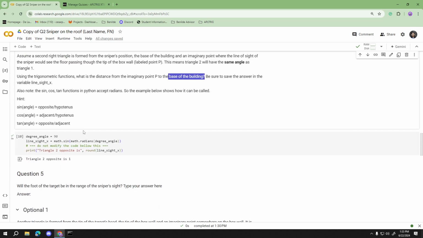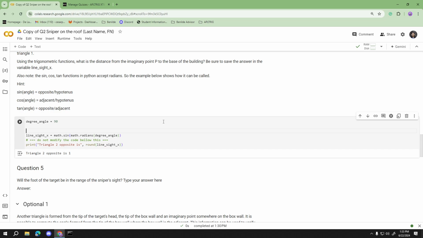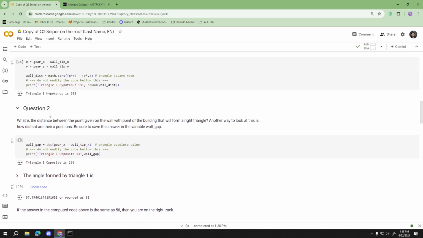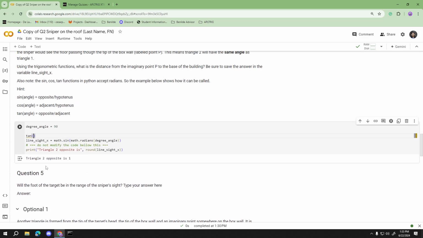So let's solve it. Tan of the angle should be equal to opposite over adjacent, the opposite divided by the adjacent, which is basically gear y. Since we're looking for the opposite, if we use a bit of algebra, we have to have this on just one side.